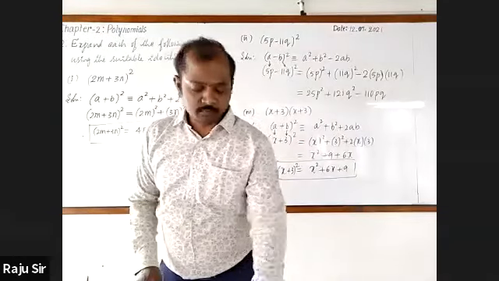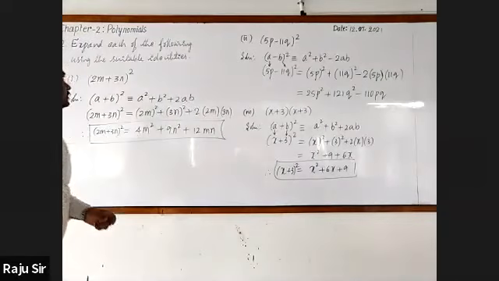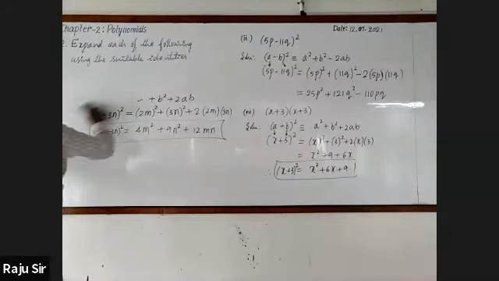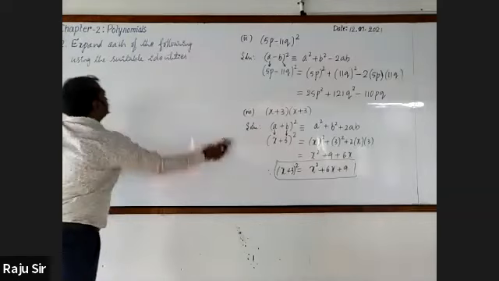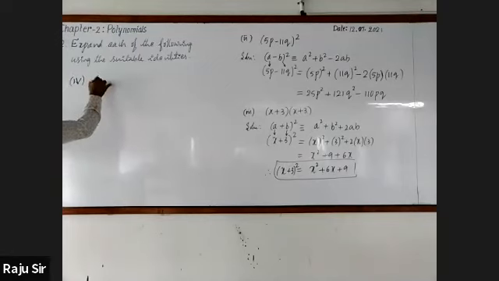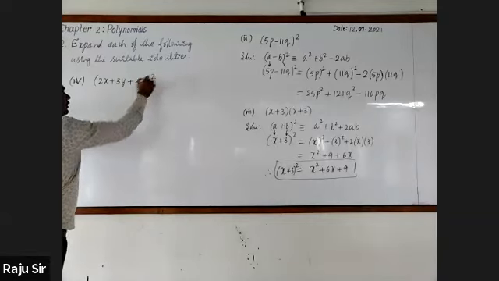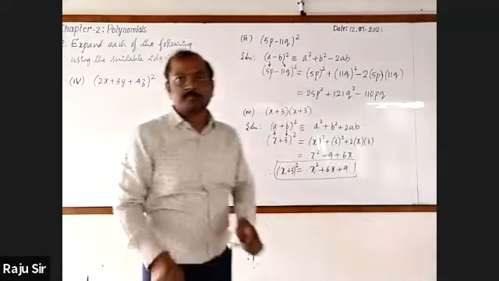Next, I take one more. Let me see how many of you can handle this. Fourth one: 2x plus 3y plus 4z whole square.